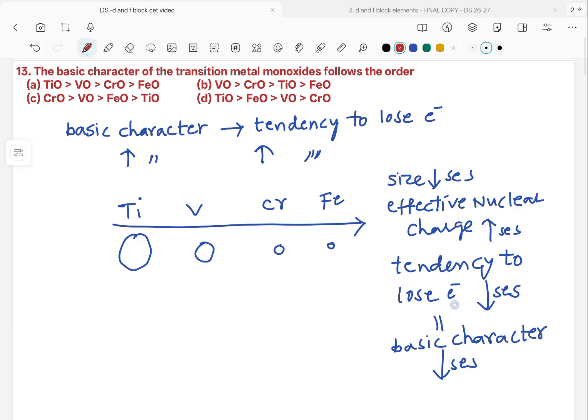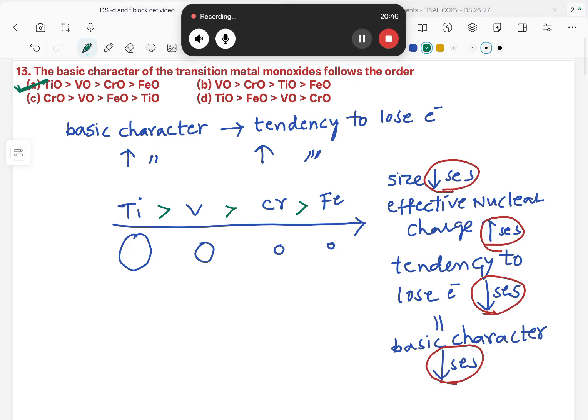As the tendency to lose electron decreases, even the basic character decreases, and this decreases when the effective nuclear charge increases, and that happens when the size is very small. Therefore, the basic character decreases this way as the size decreases. So the option should be this way, and that falls A option here. So A option is right.